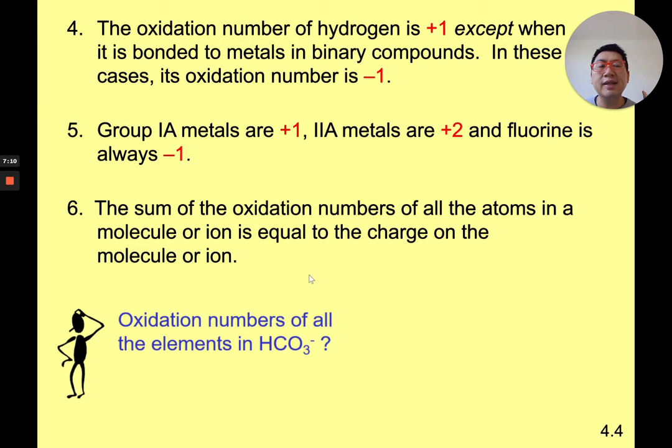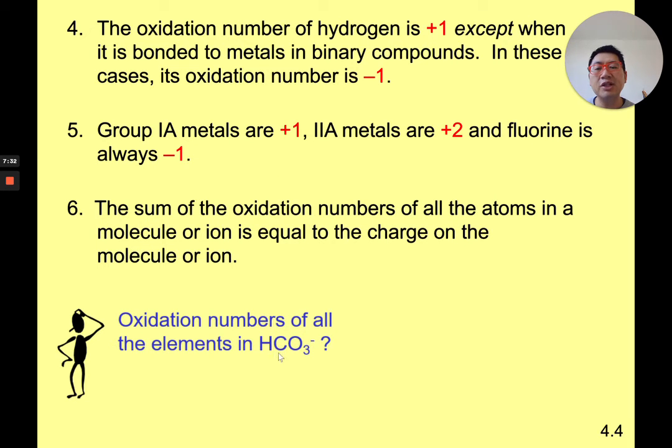Okay, so let's get through some of these charges. Let's start with an easier one. Hydrogen here. What's the charge of hydrogen in this HCO3 minus? It's right here, rule number 4. The oxidation number of hydrogen is +1. So hydrogen here will be +1. It is not a binary metal.